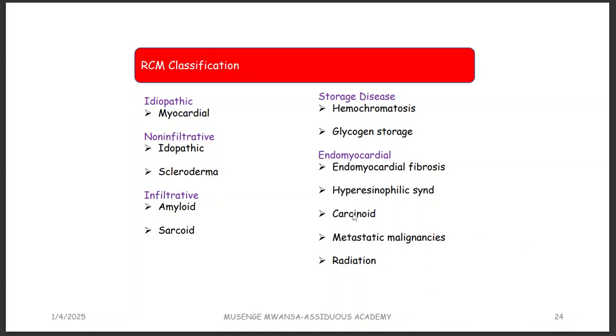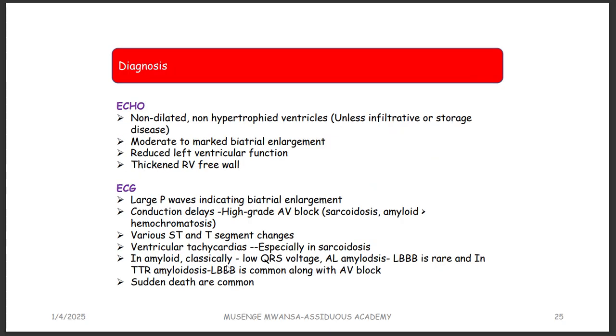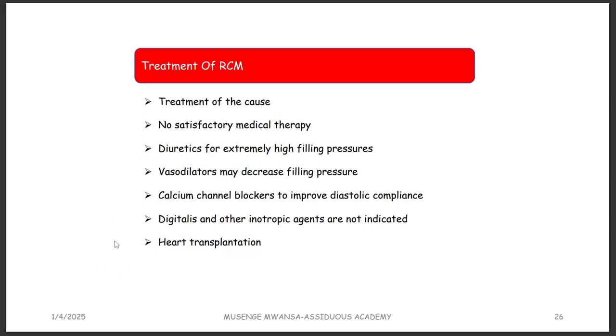And we have different classifications of restrictive cardiomyopathy. We have the idiopathic one, the non-infiltrative, infiltrative, and such. So how can you diagnose this? You can use an echo. You look at the non-dilated, non-hypertrophic ventricles. You can look at an ECG. There will be different ECG changes. For treatment, you want to treat the cause. There is no really satisfactory medical therapy.